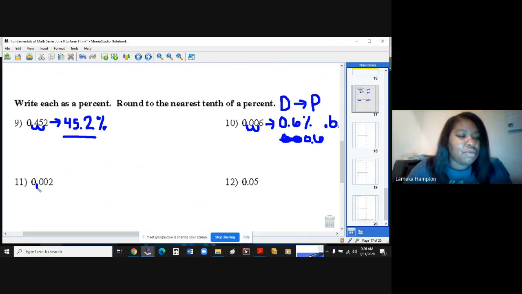I'm going to move my decimal 2 places over to the right. And when I do this, this will be the same format as we saw in number 10.